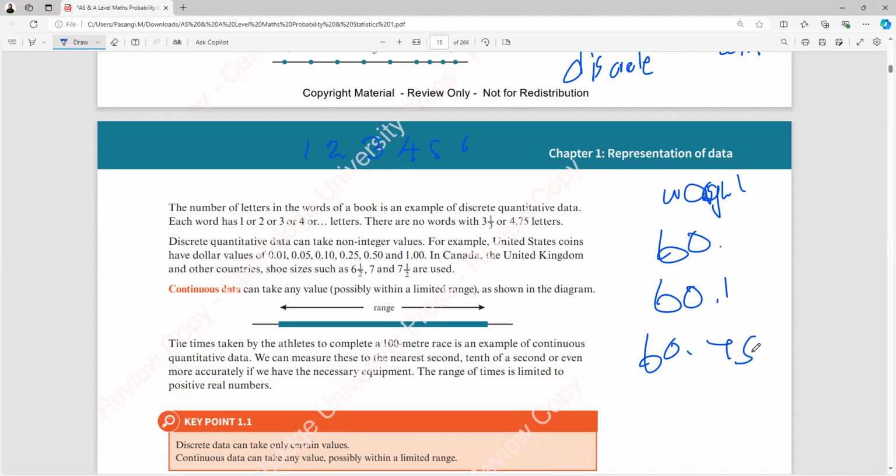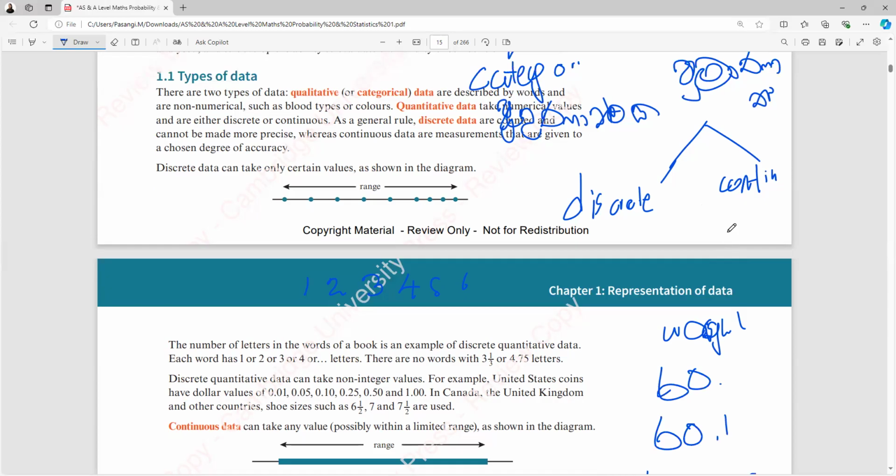We can't restrict it; there's a kind of continuity. Because of that, we call this quantitative data. Under quantitative data we have two categories: discrete and continuous. These come under continuous.